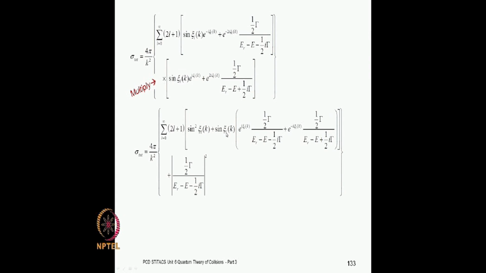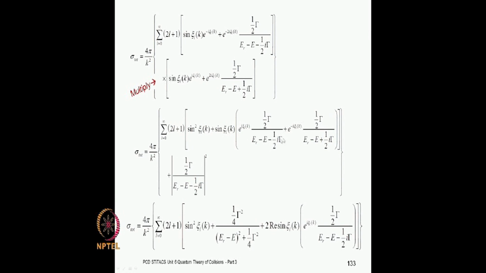So sin xi comes as common, and then you have got this factor multiplied by e to the plus I xi, and over here you have got minus I xi. So you have got these two terms, and the sum of these two is nothing but twice the real part of this complex number.